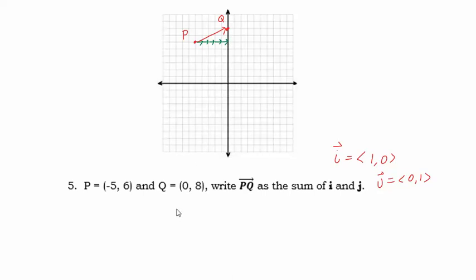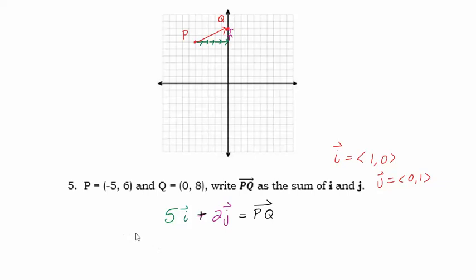Right? So I'm going to need 5 vector i's, and then we got to go up to, it's kind of small, hopefully you can see that. That's 2 vector j's. And if I add those together, that should give me vector PQ. All right, let's try it out.